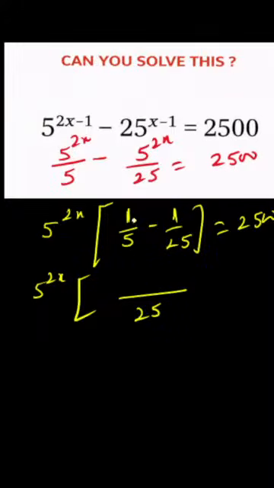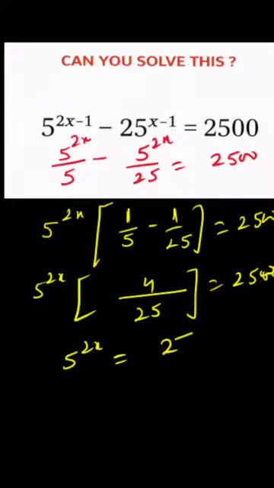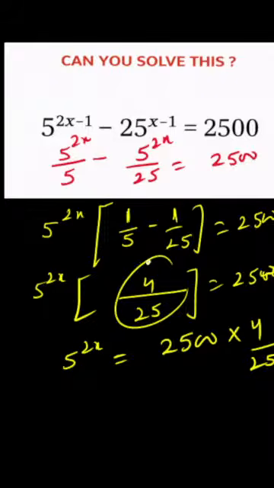On solving, this will give me 4 by 25 is equal to 2500, and I'm going to take this on another side. 5 raised to power 2x is going to be 2500 into 4 by 25. This term will get reciprocal when I take it on the other side. Cancelling this, this will become 100. 100 into 4 will give me 400.